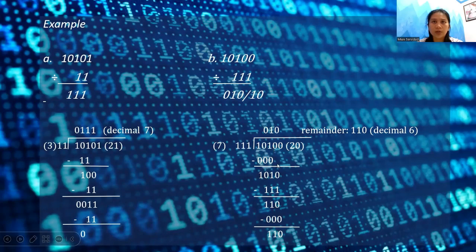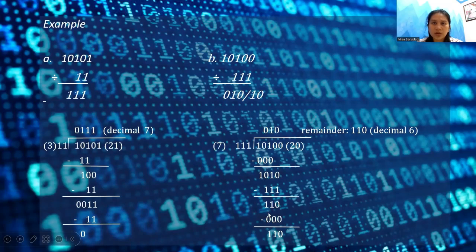So then go, since you can divide it by 1, bring down the 0, so 1010. Subtract it, it becomes 110. So next we bring down the 0, which is equal to 1000.